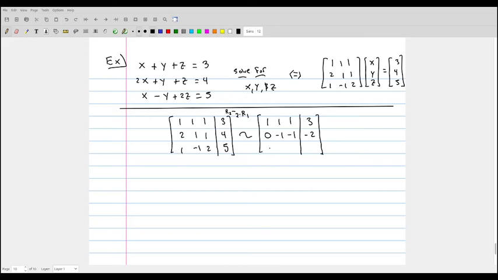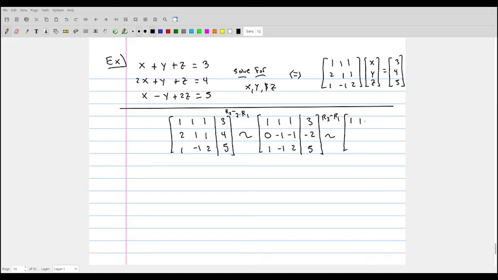And then for the next step as well, you can very quickly do 2 more row reduction steps. I'll just do R3 minus R1. We do R3 minus R1, then 1 minus 1 is going to be 0.